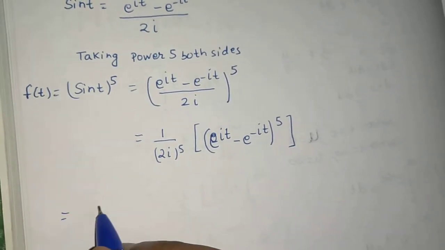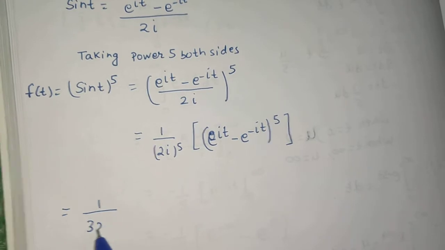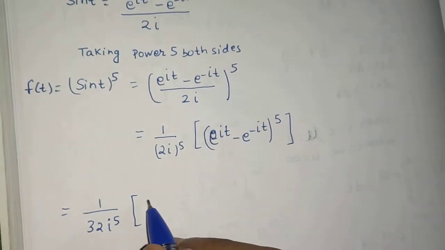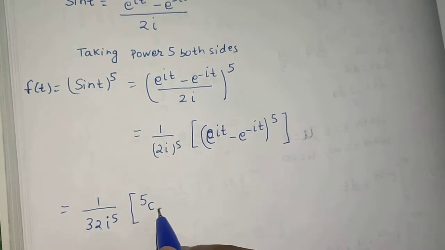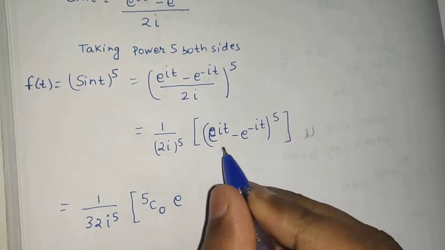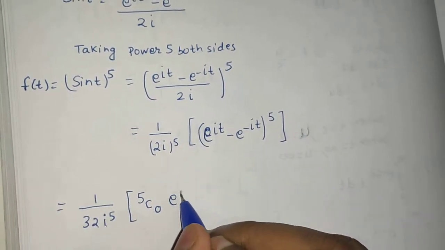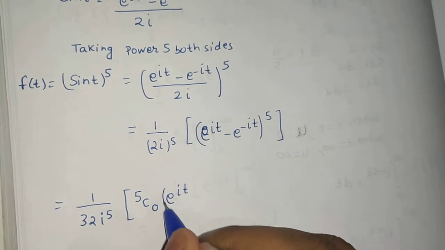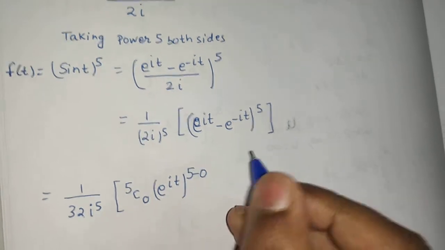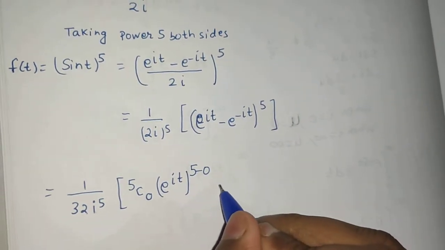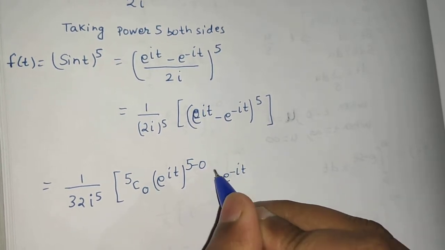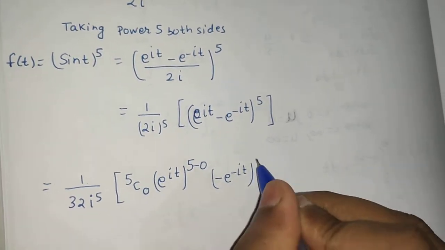Now I will use the binomial expansion. Let's write this as 32 iota power 5. Now 5c0, first term e power it power n minus r, so 5 minus 0, and the second term which is minus of e power minus it, raised to power bottom index which is 0.